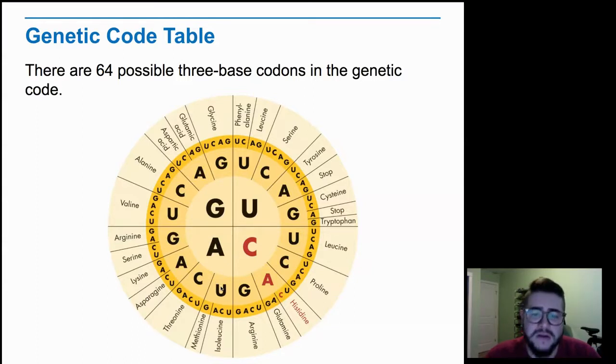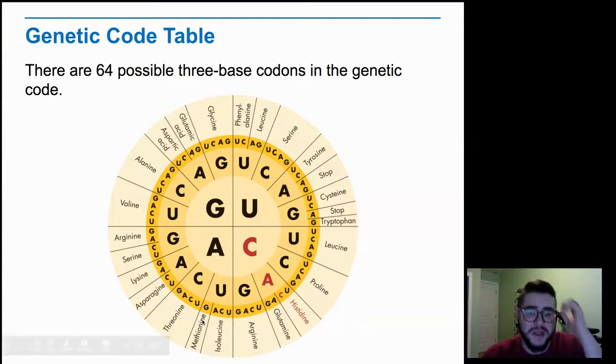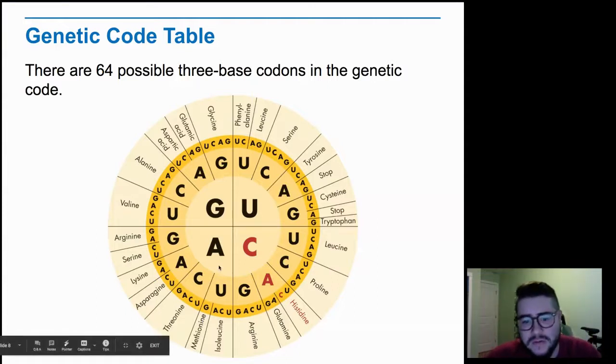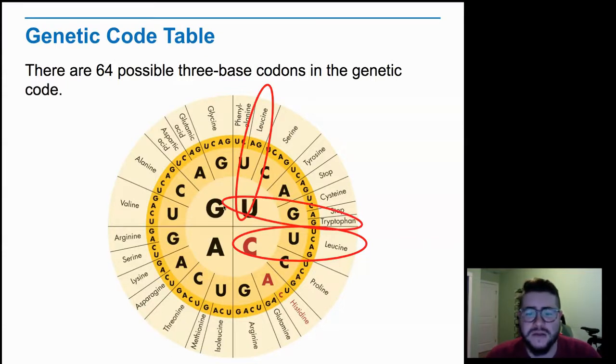U is right over here. And then my final letter was G. So I go to G, and that codes for the amino acid methionine. See how that works? A, U, G, methionine. So the amino acid that's coded for by the codon AUG is methionine. And each combination I take can be a potentially different amino acid.